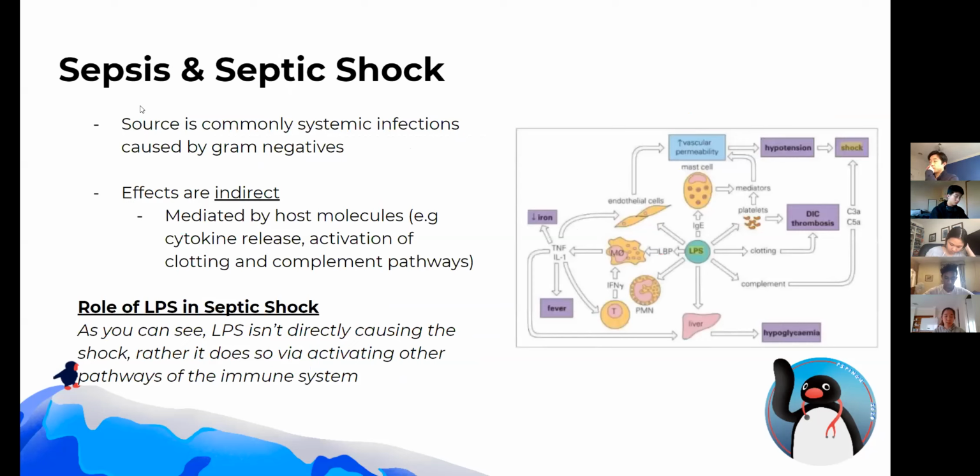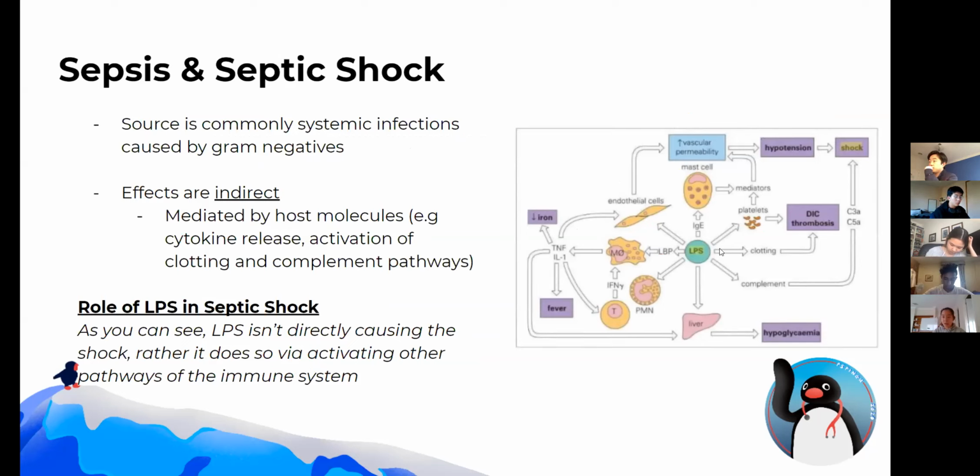So how does someone actually get sepsis or septic shock? The source is commonly systemic infections caused by gram-negative bacteria. The effects of gram-negative bacteria in causing septic shock are indirect; it's normally mediated by host molecules. If we look at this diagram, how does the endotoxin or LPS of gram-negative bacteria lead to shock?